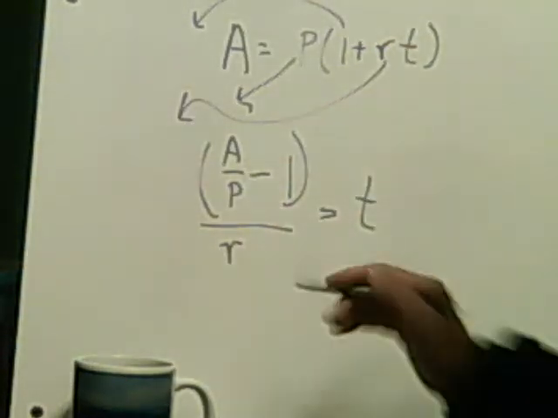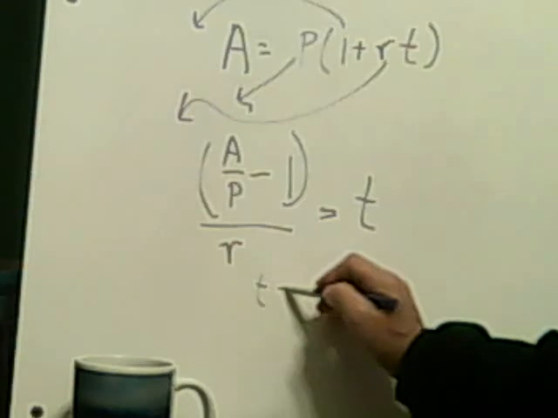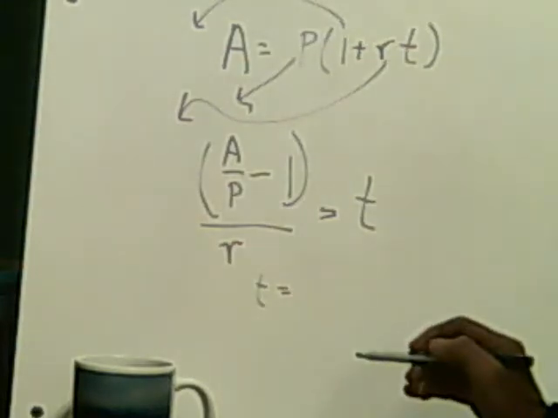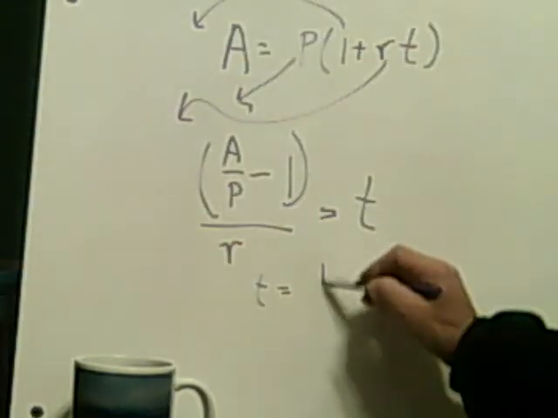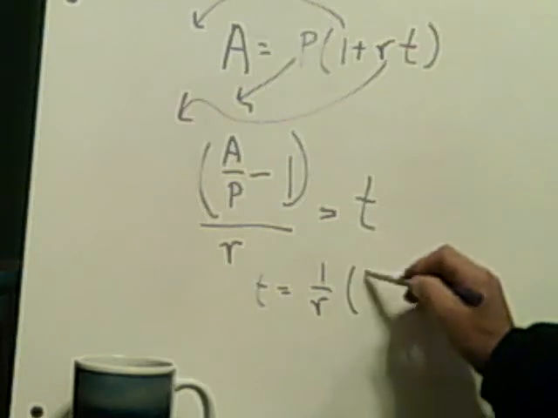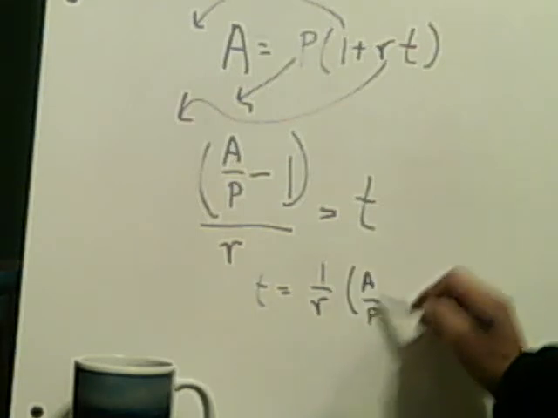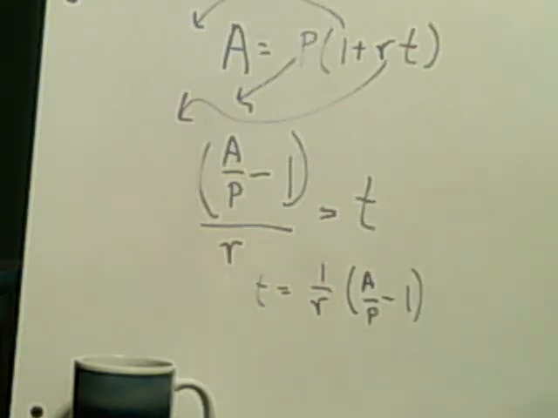Okay, but that could be simplified somewhat. T equals 1 over R times A over P minus 1. It's the same. It just might look a little nicer. But that's fine. That's the solution.